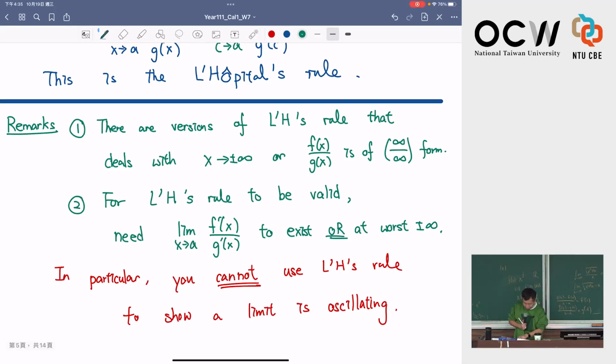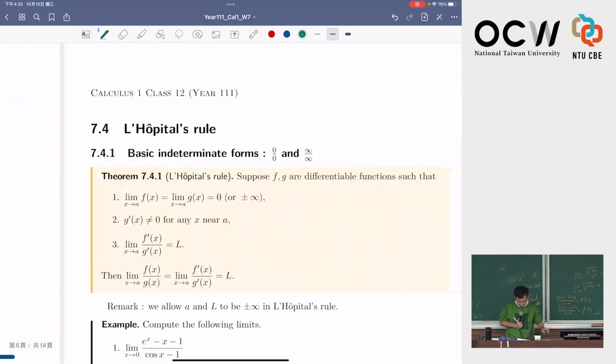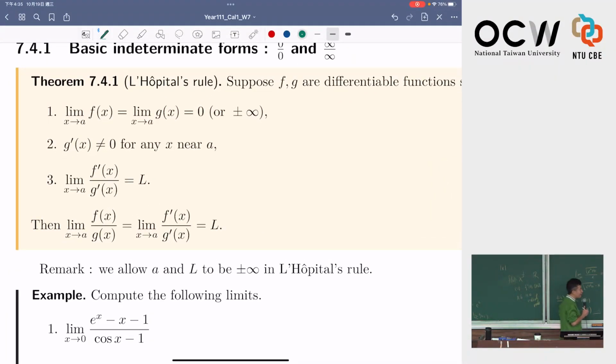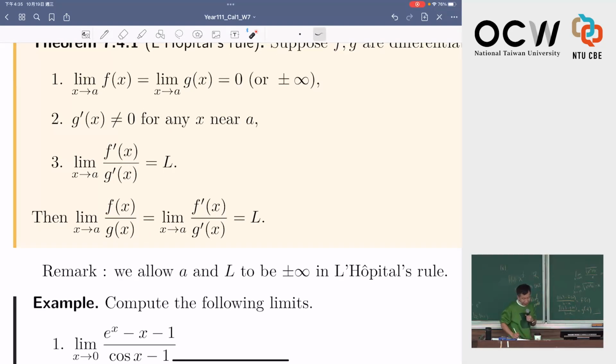Let's come to the general statement of L'Hopital rule. We actually mentioned that last time as a convenient tool to compute limits. Whenever you get a fraction and you try to compute the limit, if this fraction is of so-called 0 over 0 form or infinity over infinity form, then you can apply L'Hopital.